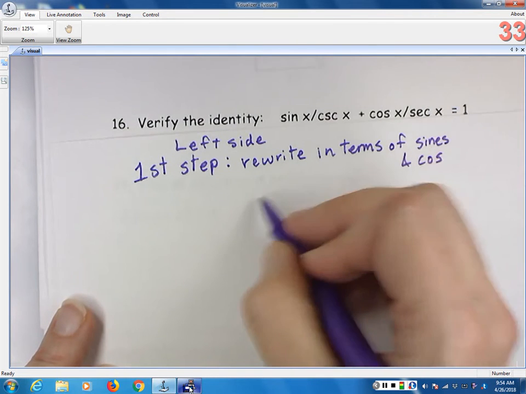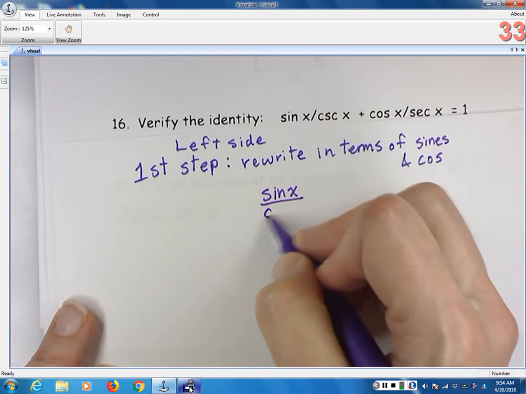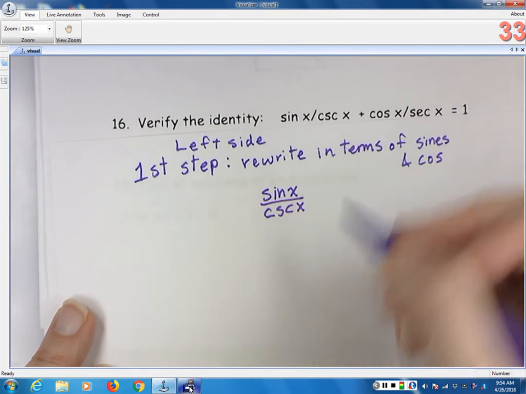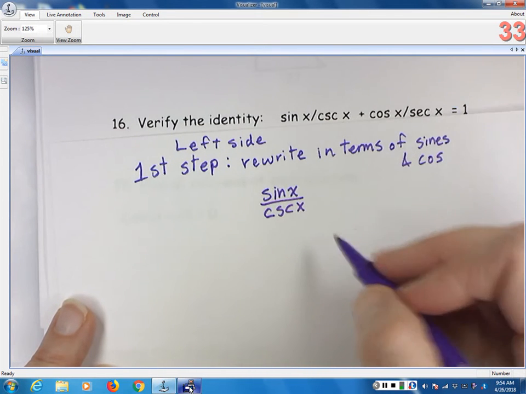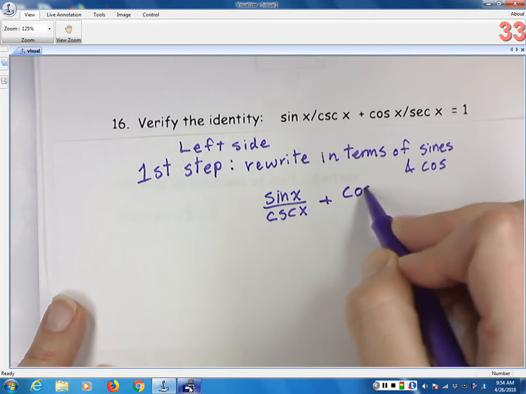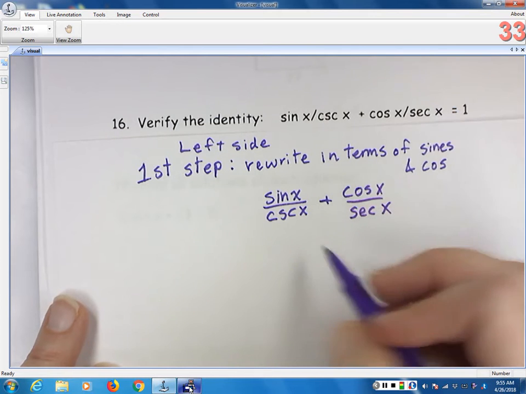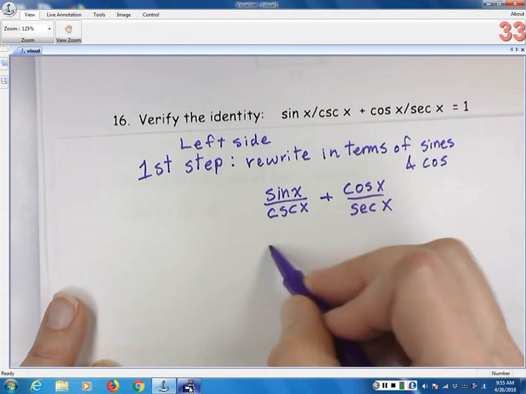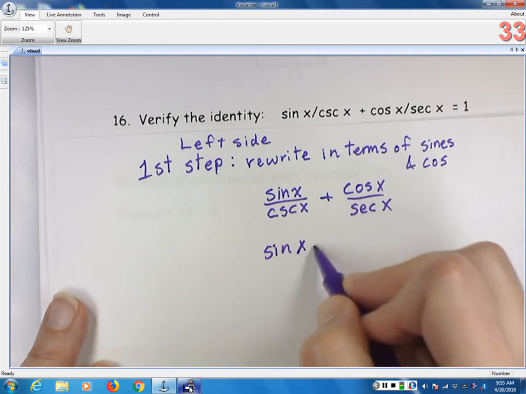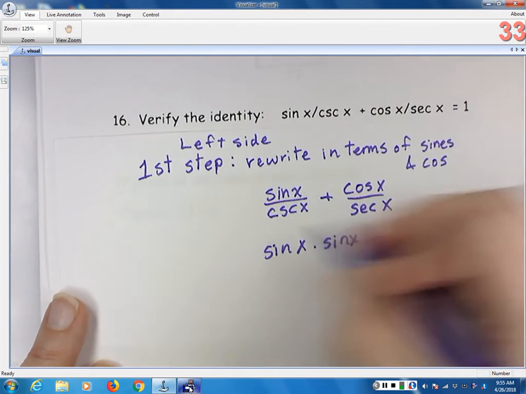Okay, so we have sine x divided by cosecant x. But cosecant x is 1 over sine. And we have cosine x divided by secant x. So we're going to use those identities. So this is going to be sine x times sine x, because cosecant is 1 over sine.